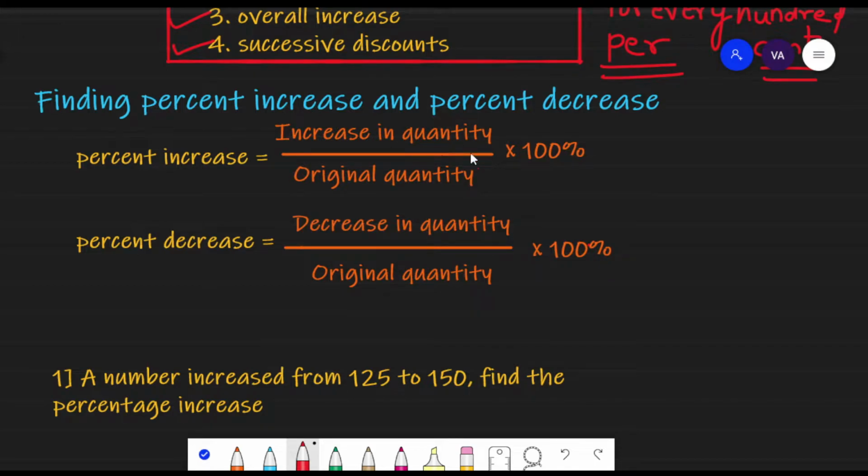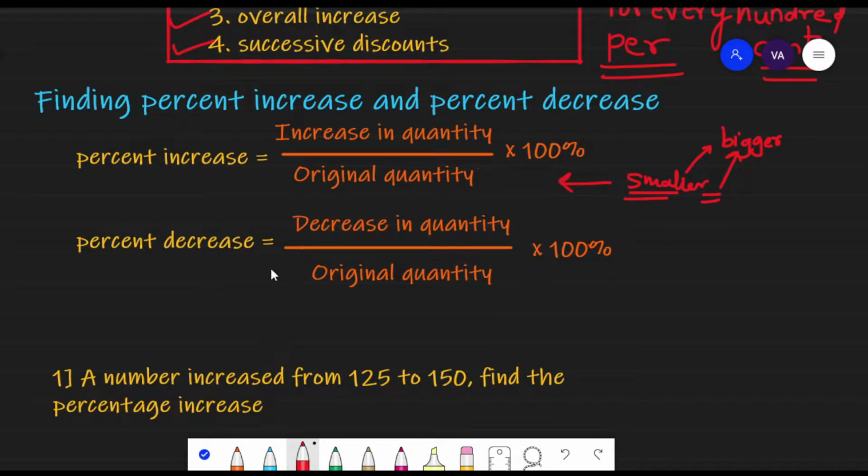Remember, when there is an increase, the original quantity is always smaller. You will be given two quantities, one smaller, one bigger. So increase is definitely from smaller to bigger. So the original quantity in percent increase will always be the smaller quantity. This will be the base value from which the value has increased.